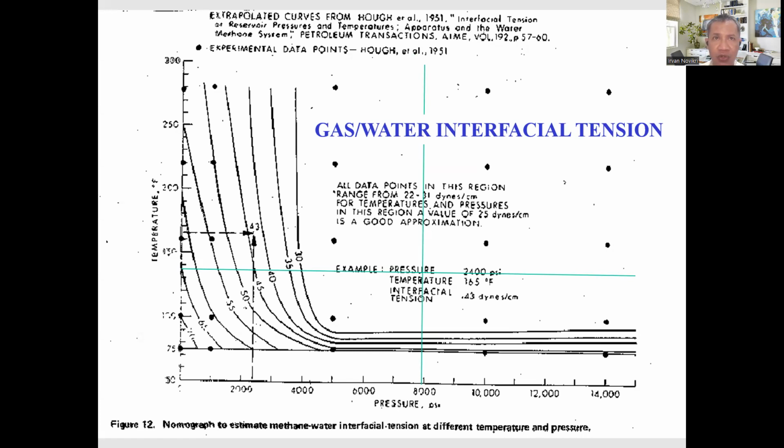The study focused on interfacial tension between gas and water, specifically methane and water at different temperatures and pressures. It uses a nomograph, a graphical tool to estimate the interfacial tension of methane and water under varying temperature and pressure conditions.